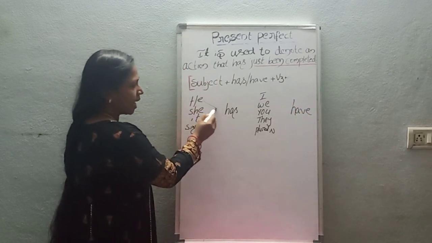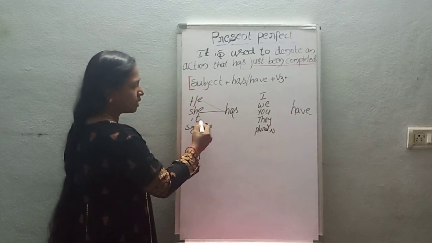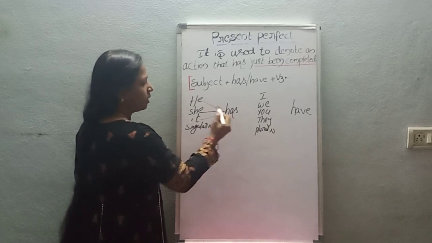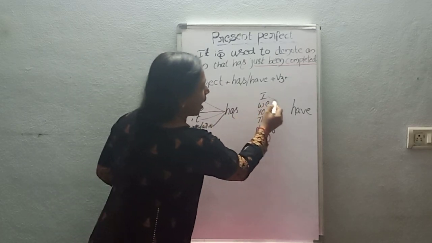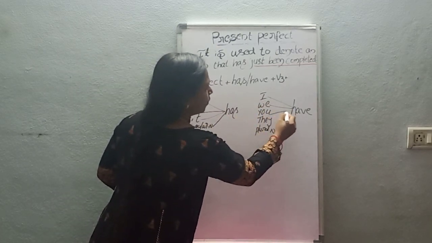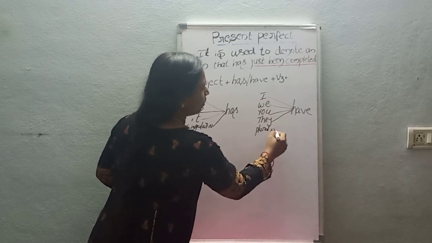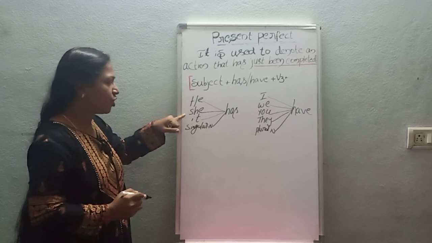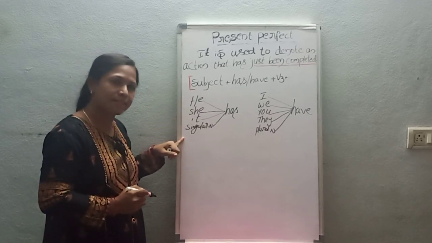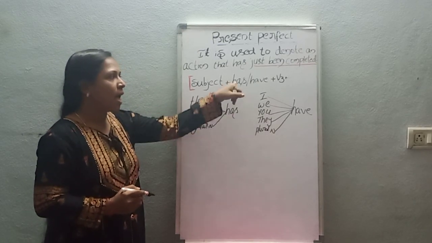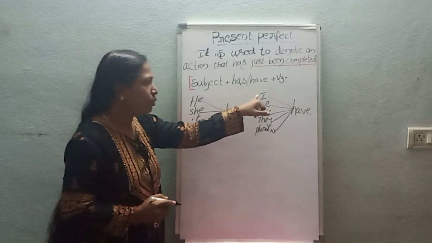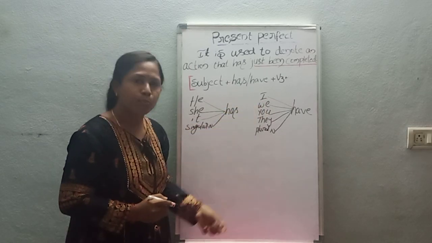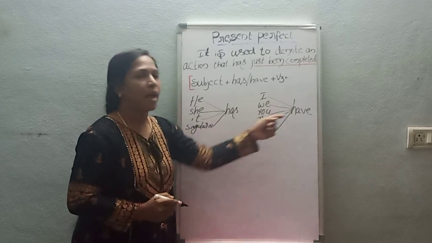So he has, she has, it has and Ravi has. I have, we have, you have, they have, the children have. So when we use he, she, it and singular noun as a subject, we use has with it. When we use I, we, you, they and plural noun, we use have with it.